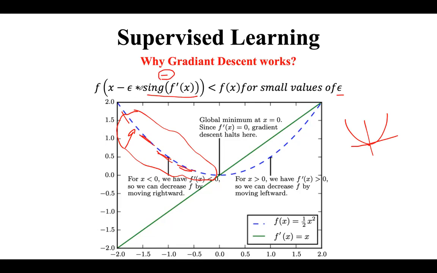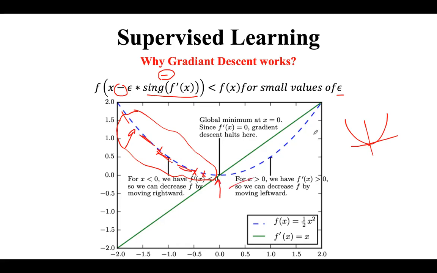Then minus multiplied by minus gives you the plus. So it means that you are moving your function from this point to this point. By adding the small value epsilon to your function, because of the derivative sign, you are getting close to x equals 0.